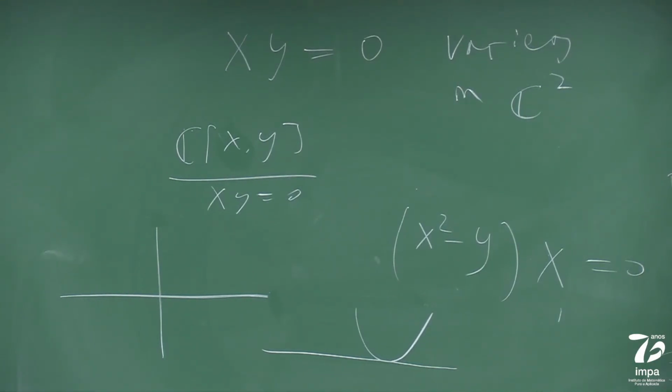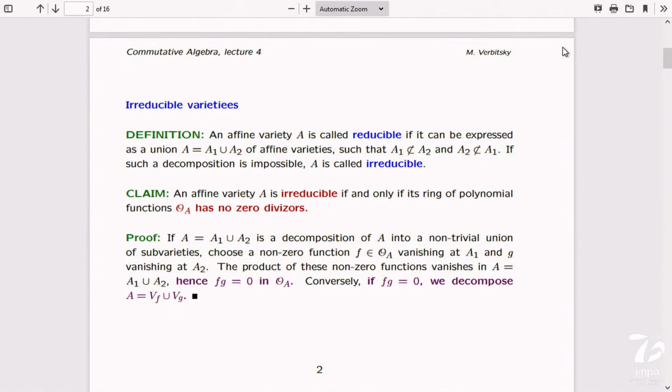So definition: an affine variety A is called reducible if A is a union of A1 with A2, where A1, A2 are varieties as well.